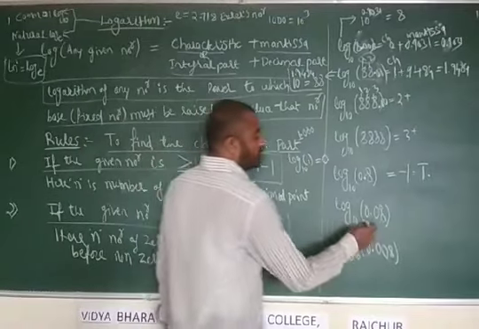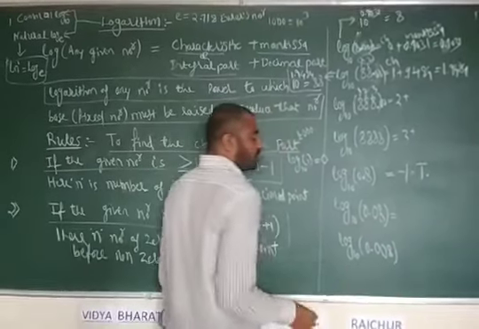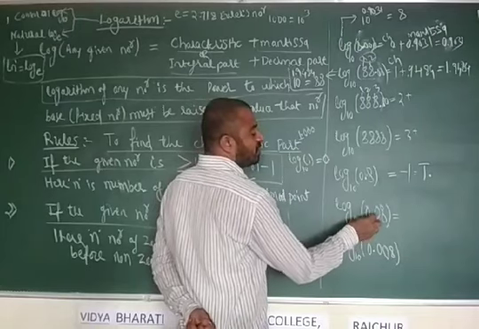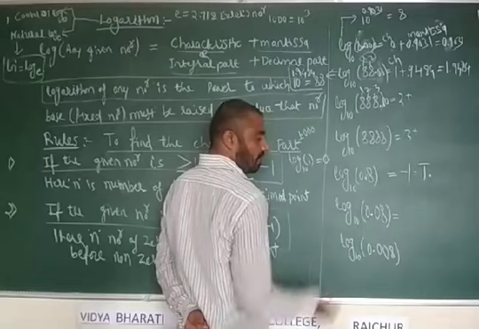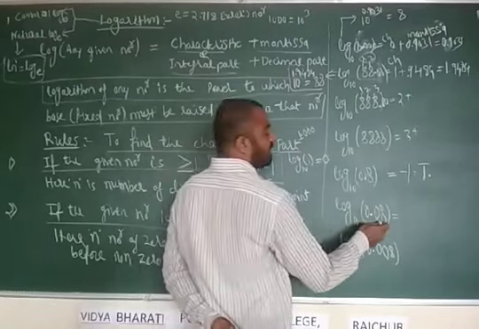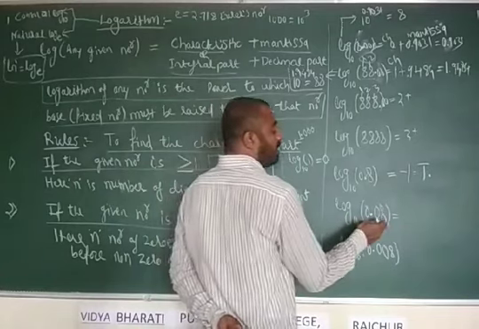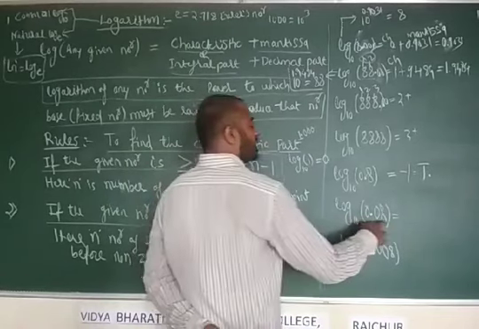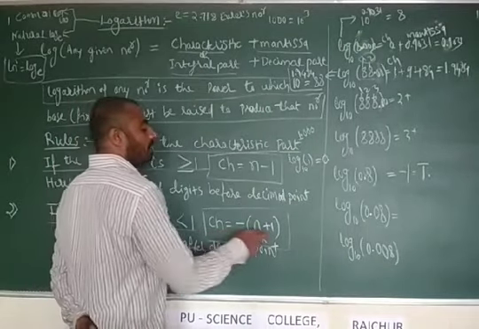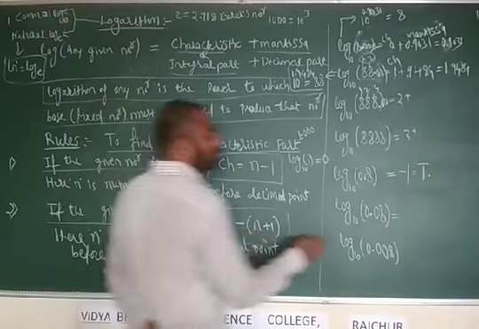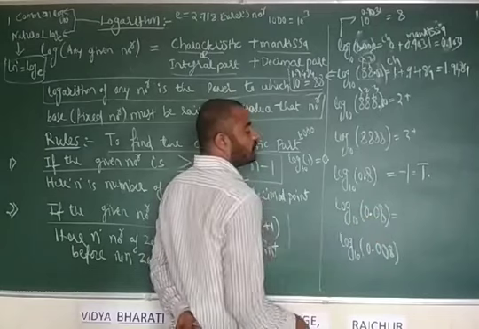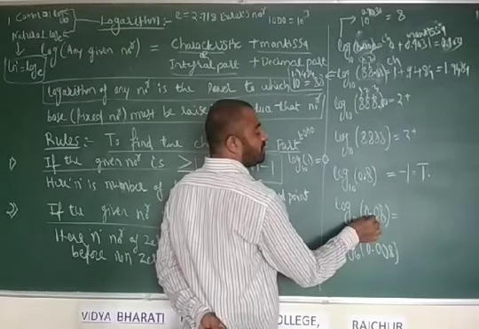Similarly, in this second example, I am finding the characteristic of 0.08, which also is less than 1. 0.08 means its value is less than 1, and if the given number is less than 1, then its characteristic should be found by following this rule. Which rule? Minus of n plus 1. What is n there? n is the number of zeros after the decimal point and before the non-zero digit. How many zeros are there after the decimal point?